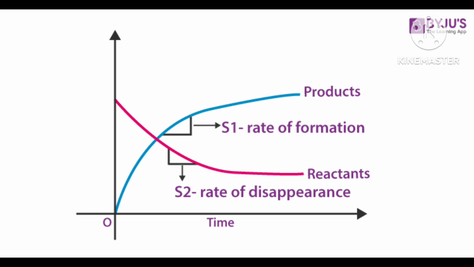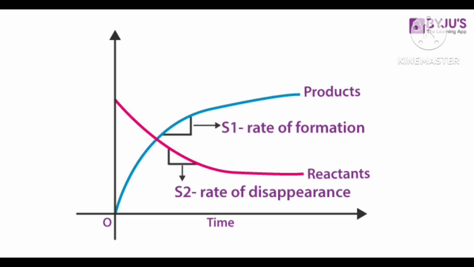Okay. Now in chemical kinetics, your intention is to know the rate of reaction. How will the reaction take place? Reaction takes place between at least two solutions.